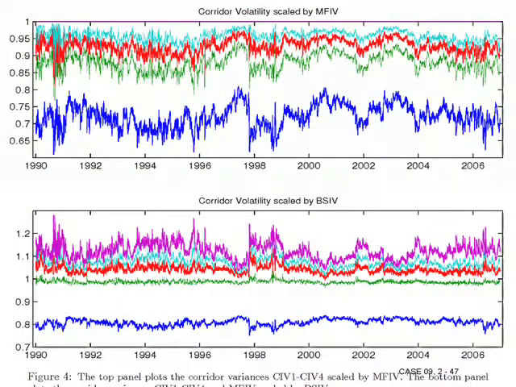Okay, so here are just some pictures. If you take these corridor variances and divide by the model-free, the total one, these will always be smaller than one, but what you see here is that this is the 50% in the middle, CIV1. And it fluctuates dramatically. You can see some big shifts here in the implied volatilities that are pretty dramatic.